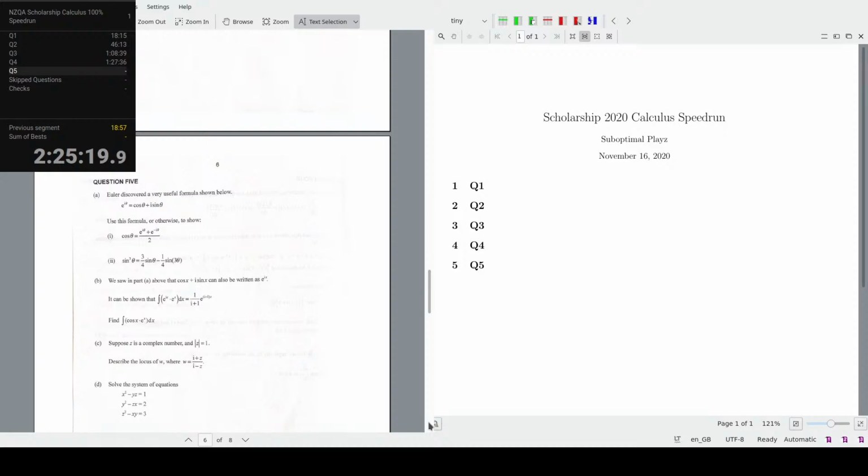But I swear 5C is probably wrong. I think. I'm just gonna do 5C again.